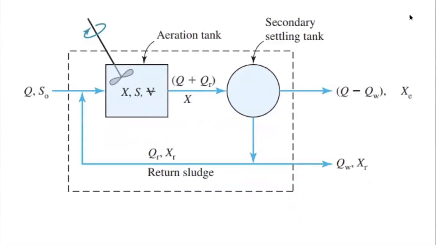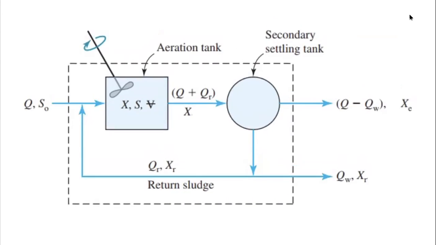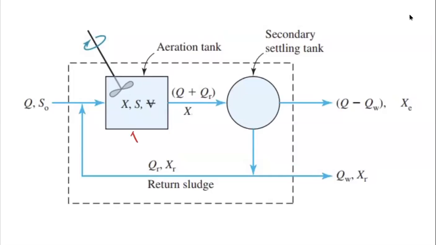So now if we zoom in to look at what is really happening in this aeration tank system, here what I'm drawing is the aeration tank, and here is the secondary clarifier. This is going to be the effluent from the primary clarifier.